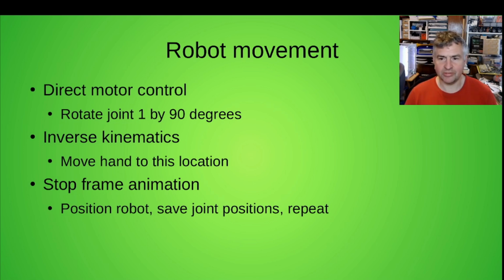And this is basically the same as traditional animation used in anime or film studios. You basically move the robot into a set of positions, save those positions, do the next position, save those positions, and then the robot interpolates between them in the same way as an animated character.